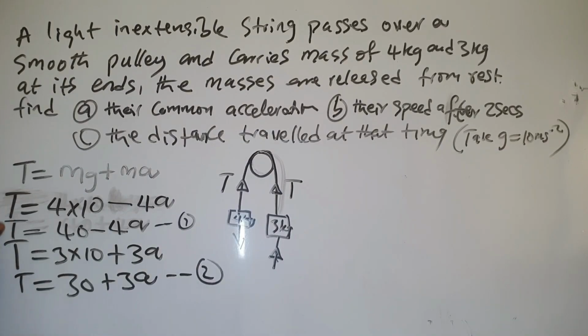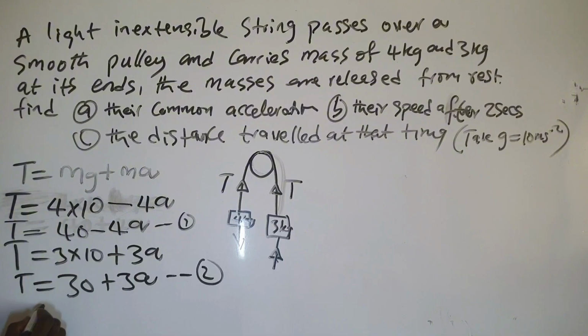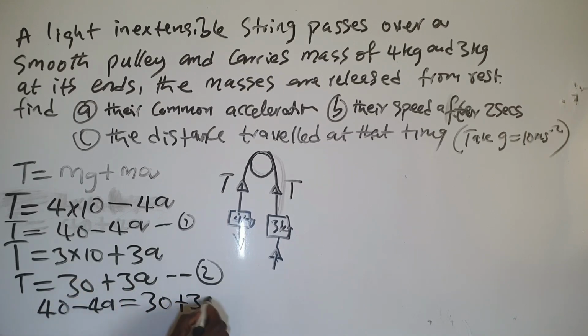Since all these tensions are the same, we can say that equation 1, which is 40 minus 4A, equals equation 2, which is 30 plus 3A. I did this because the tension is equal to this, while the same tension is still equal to this. So if these two tensions are equal, I say equation 1 is equal to equation 2. I never change anything. And remember that the acceleration they ask for is common too.